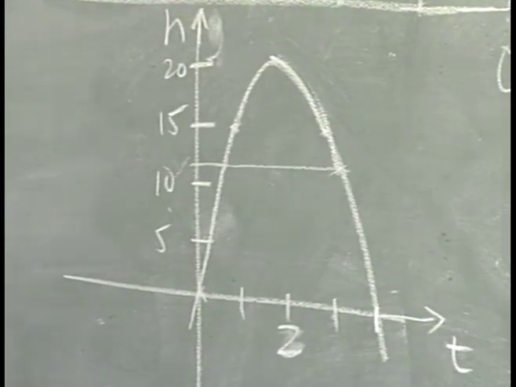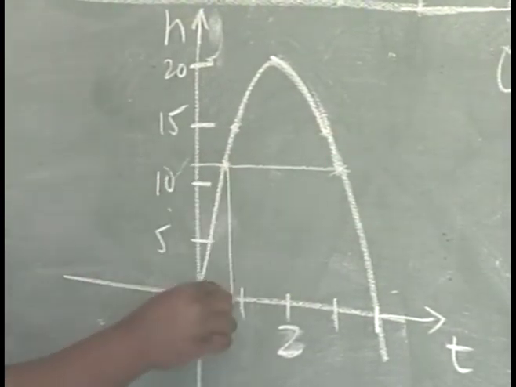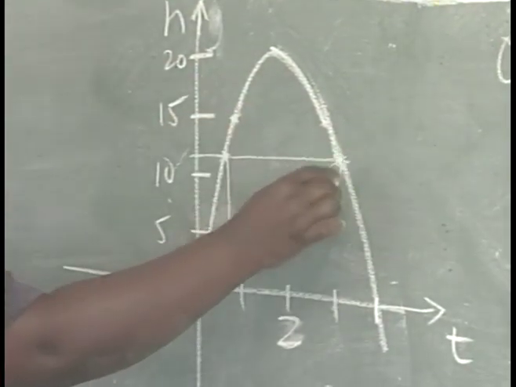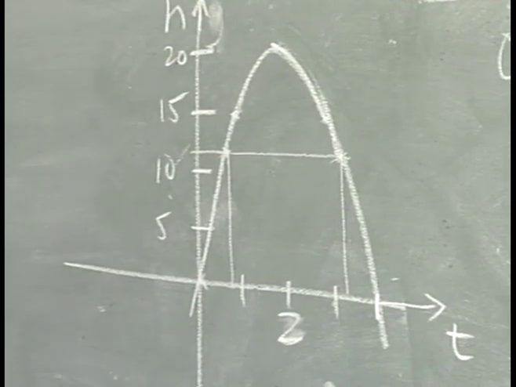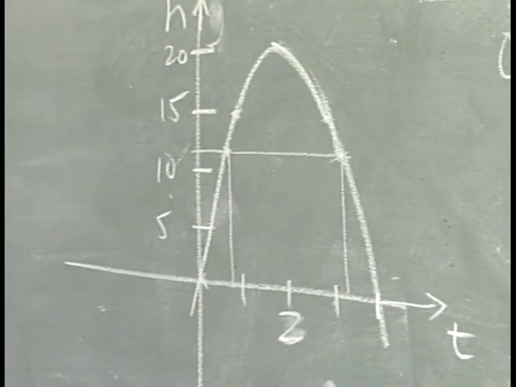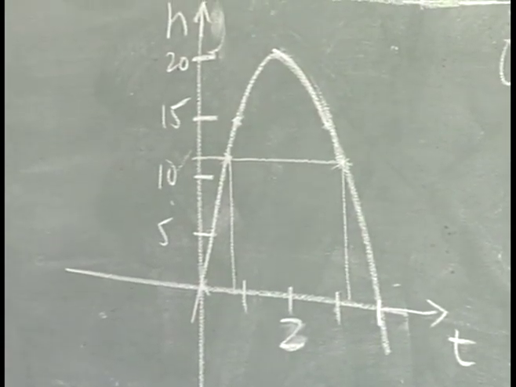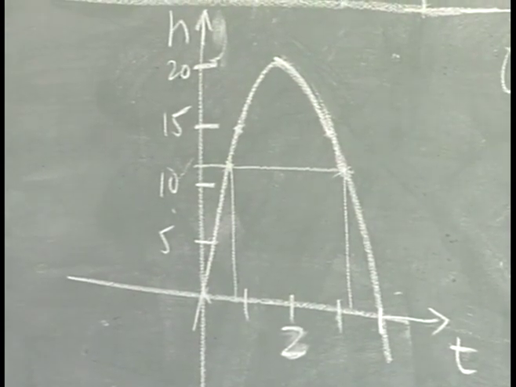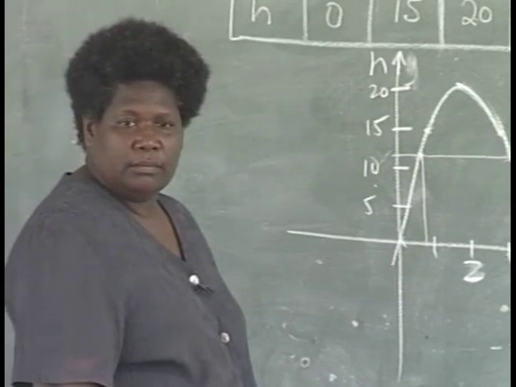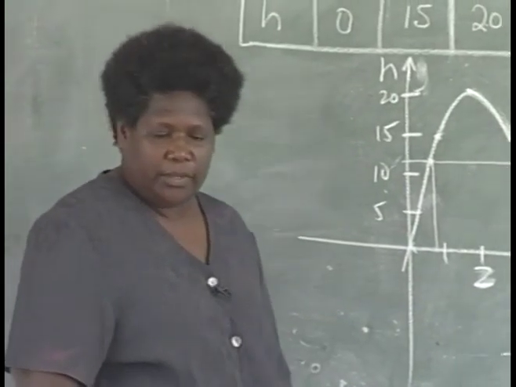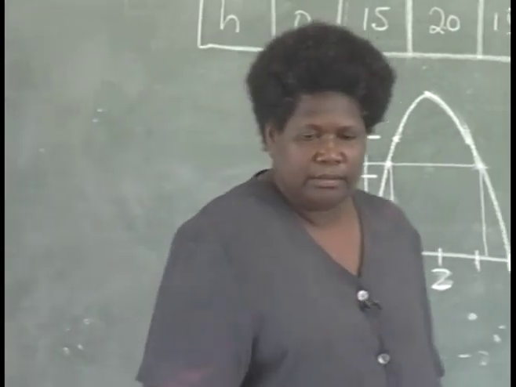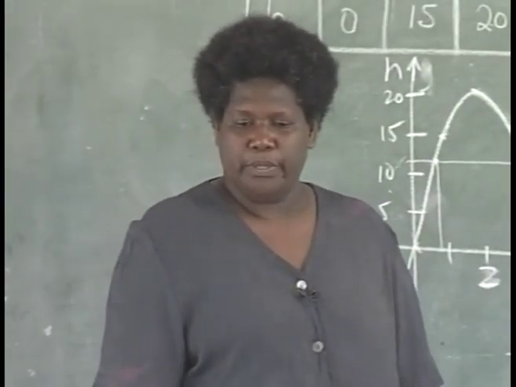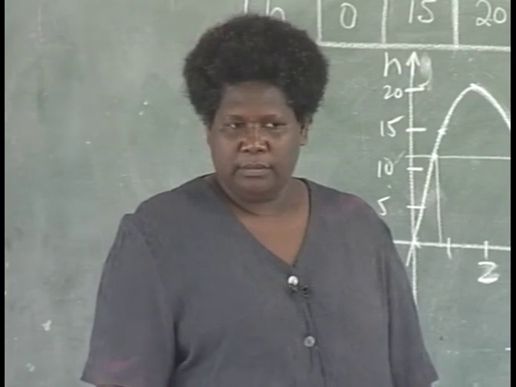If you're answering from the graph, it will be here, which is 0.8 seconds, but another time is also here. It's after 3 seconds. That's when it's on its way down. So what is it? 3.3 or 3.4?